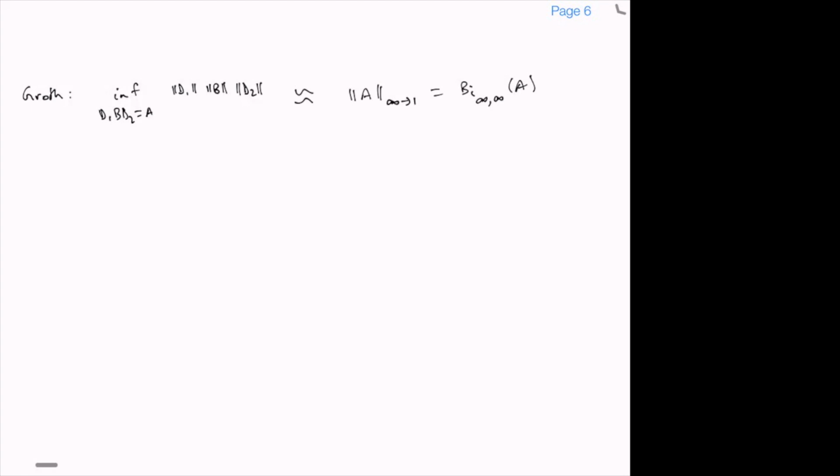And Pisier actually proved this beautiful factorization theorem in a much more general context. Pisier showed that the infimum over BC equals A of B norm times C norm. So if you don't care for this diagonal factorization, we have this statement in a much more general context.